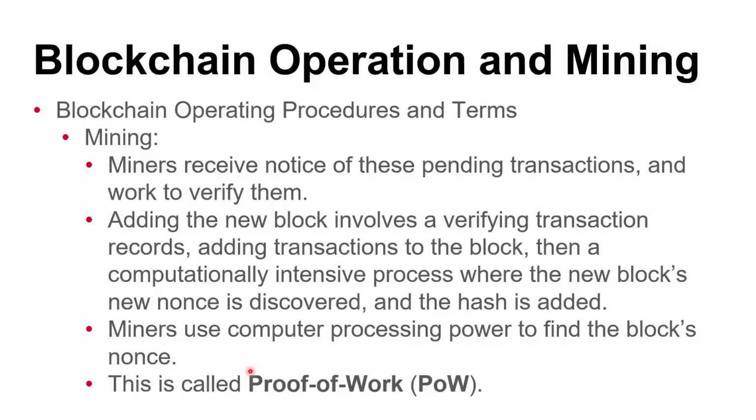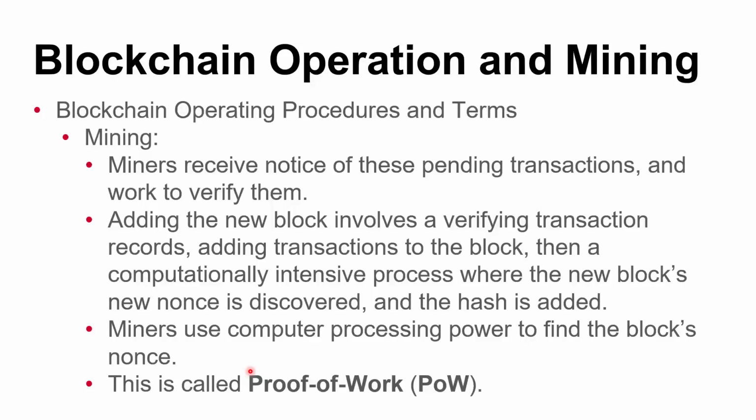So the miners verify the records, add transactions to the block, and as soon as all of the transactions are added, they begin to look for the new nonce for this new block. And then the hash will be added.